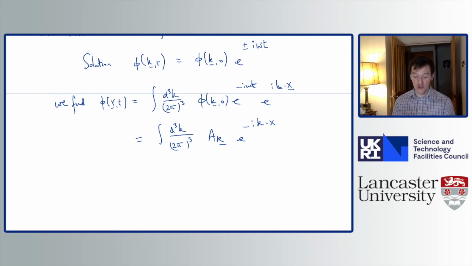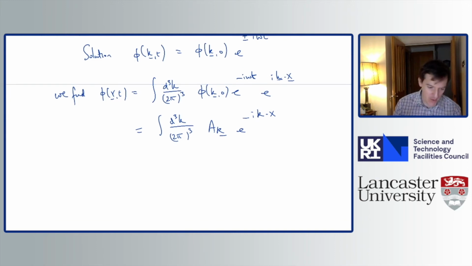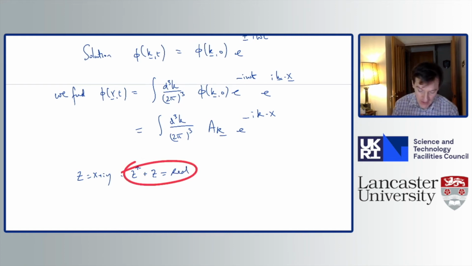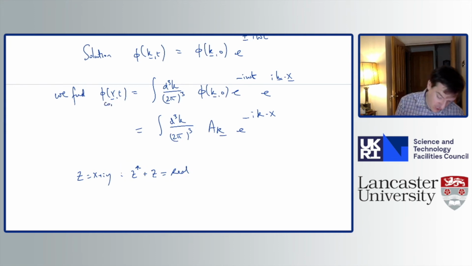Again, we have to ensure that our field is actually a real solution. At the minute, this is going to be in general some complex solution. So remember, we have complex numbers x plus iy. If you do z plus the complex conjugate of z, you're going to end up with a real number. So the easiest way to get a real function is simply to add the function to its complex conjugate.